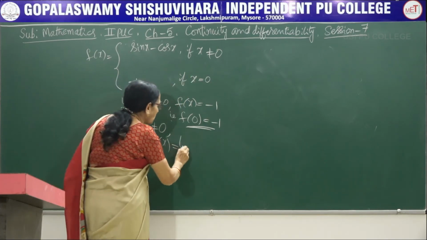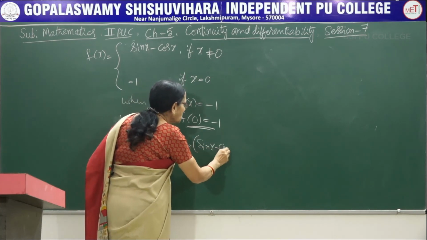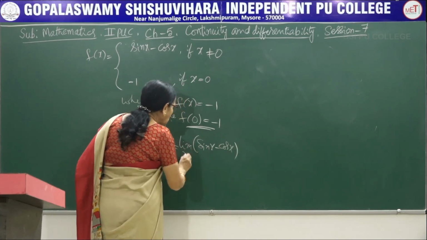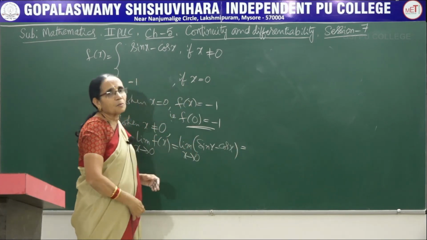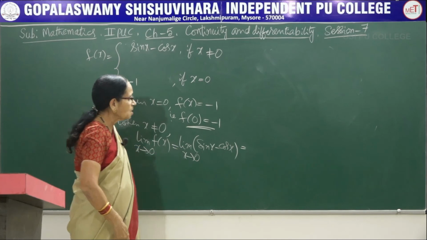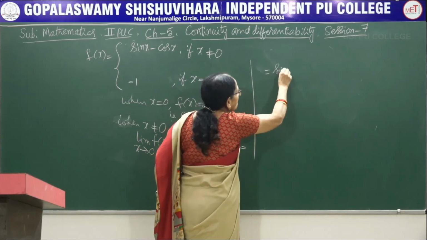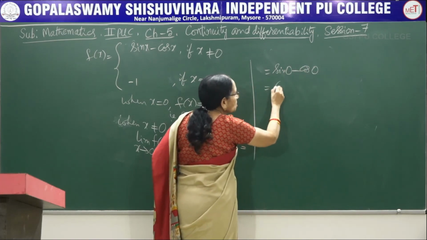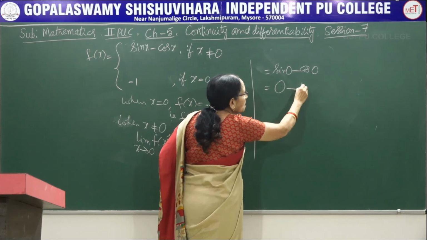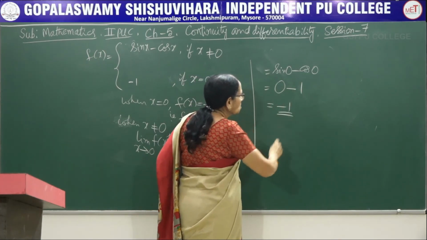This is how it is defined: limit of sin x minus cos x as x tends to 0. Now, simply you write the value of x as 0 wherever x is there. So, this would be equal to sin 0 minus cos 0. As you know, sin 0 is 0, cos 0 is 1. Both of them are standard values. This is equal to minus 1.